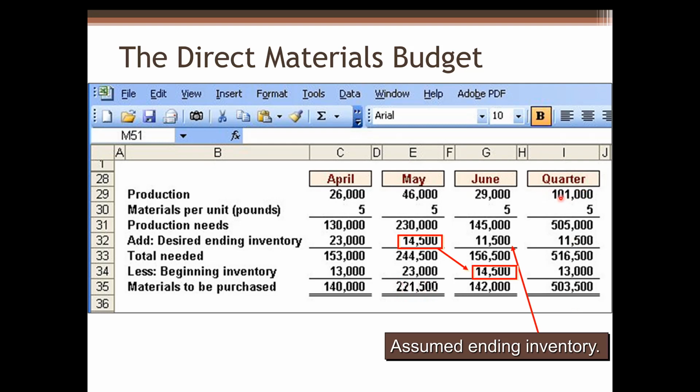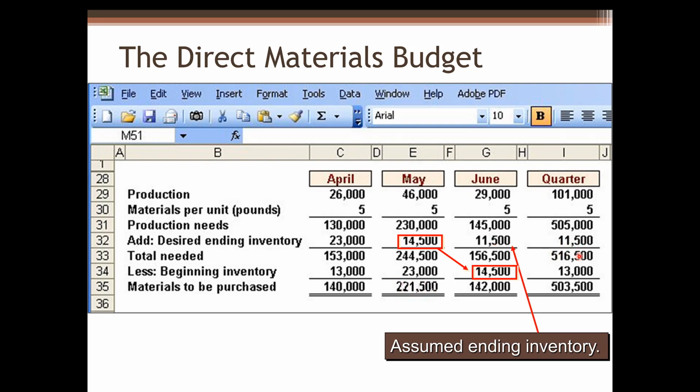Now for the whole quarter, total units 101,000 multiplied by 5 gives production needs of 505,000. Or if you add up the production needs of the three months, you get the same number. Ending inventory for the quarter is the ending inventory in June, 11,500.